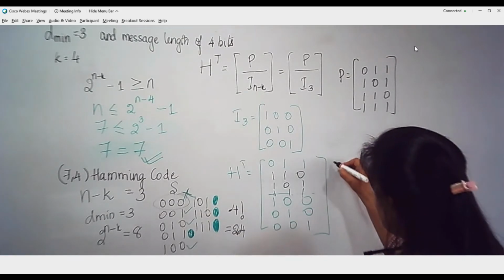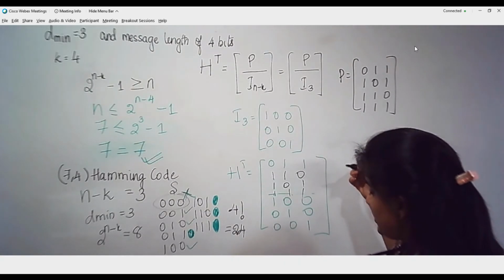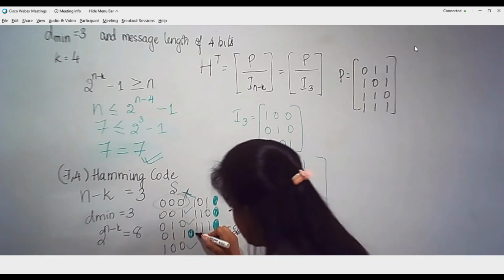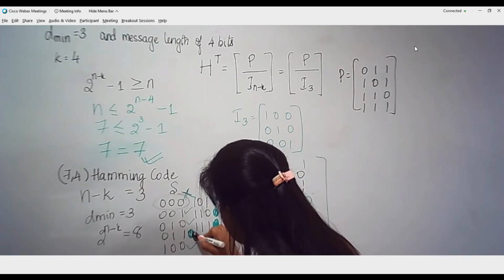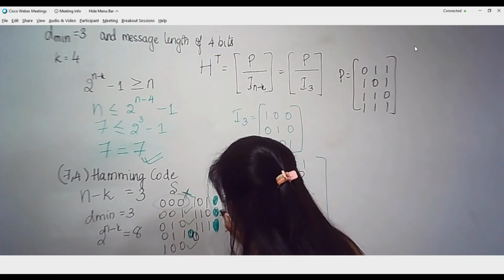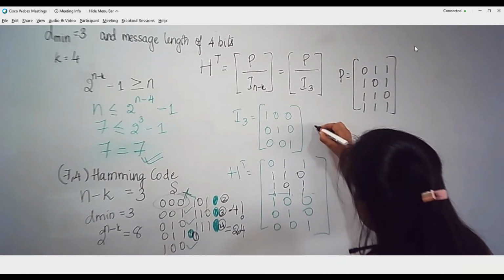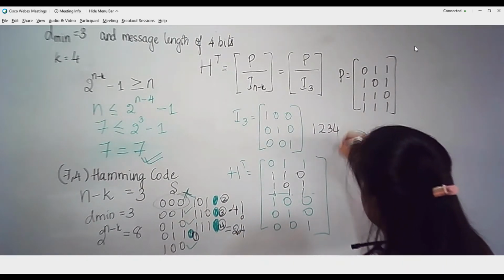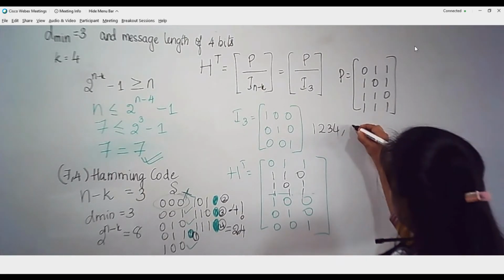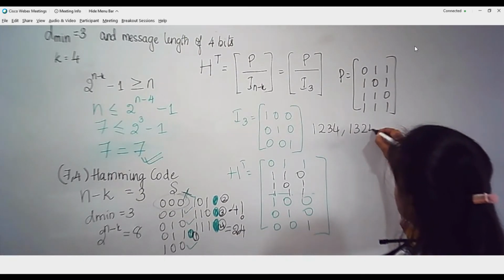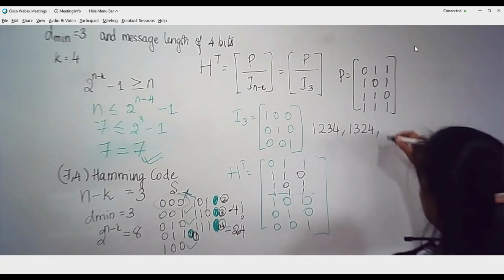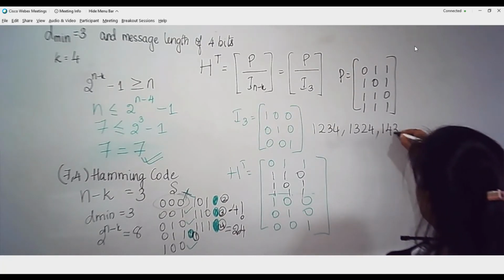Let me name these 1, 2, 3, 4. I have 4 numbers. Assume that I put them straight in the first case, that is 1, 2, 3, 4. Next time I will write 1, 3, 2, 4. Then 1, 4, 3, 2.